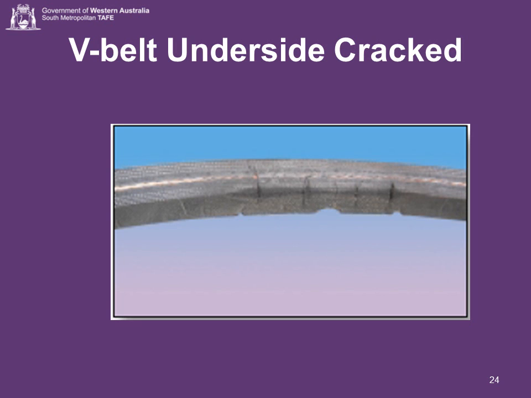Cracks in the underside of the V-belt are caused by excessive heat, incorrectly sized sheaves, specifically they're too small, or incorrect or prolonged storage. It can also be caused by excessive water or grease.